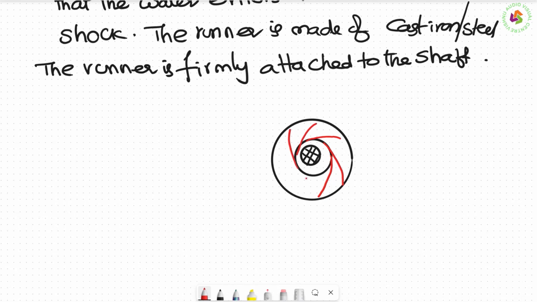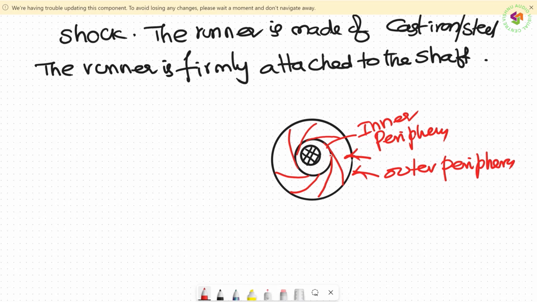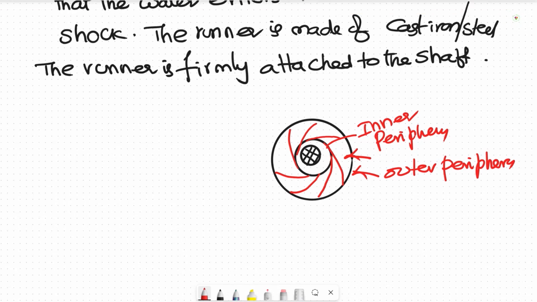The lower one is the inner part, the inner periphery. This is the outer periphery. Water enters at the outer periphery and leaves at the inner periphery.